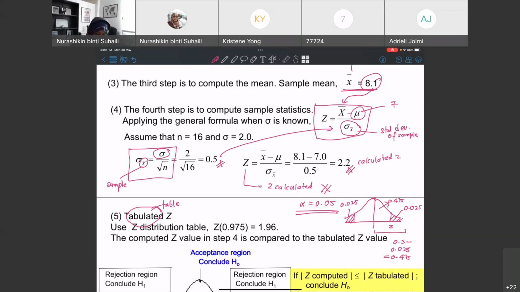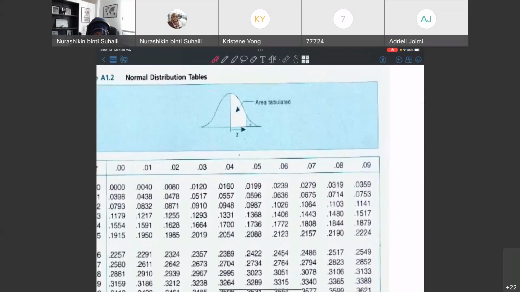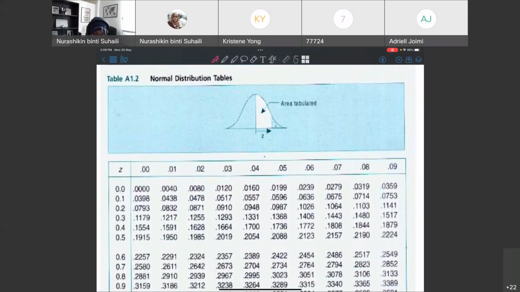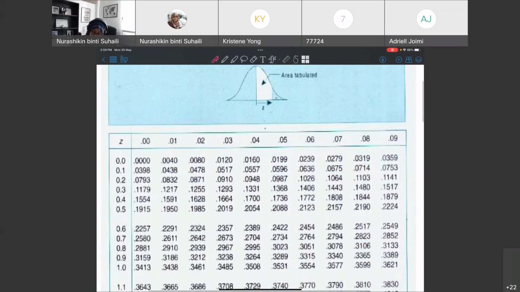So if you want to refer to the Z table for the normal curve, you have to find the area again, the area enclosed by the region. So 0.475.